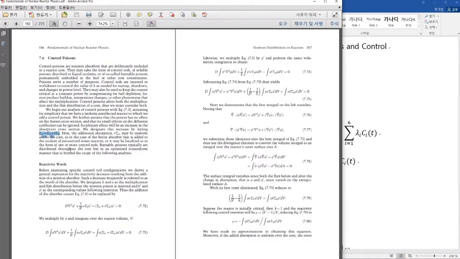That increased macroscopic absorption cross-section is designated as delta sigma A. So that's the amount of increased absorption cross-section.